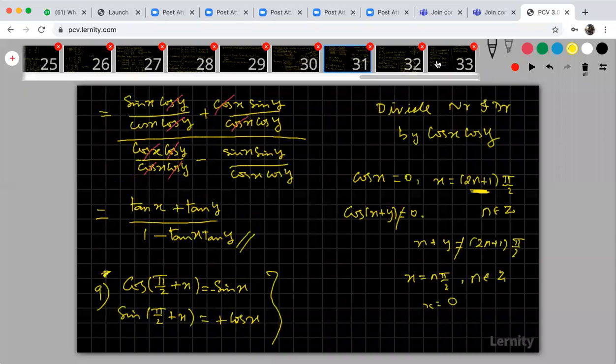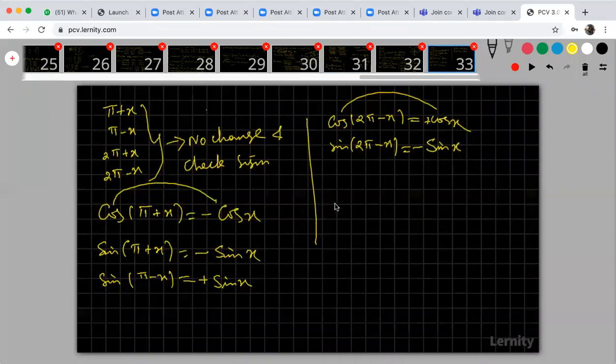The use of this is, we know the values of sine for 0, 30, 45, 60, 90. Up to that we know, we have a table. You have already studied it in 10th standard for sine, cos, tan, cosecant, secant, cot, everything.